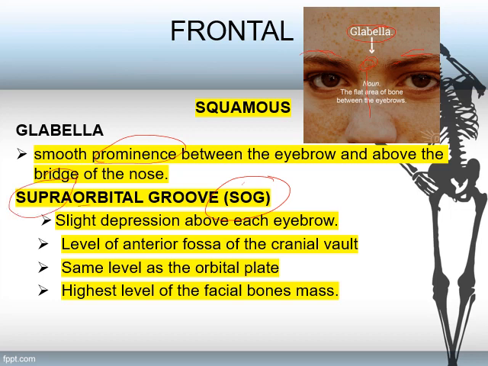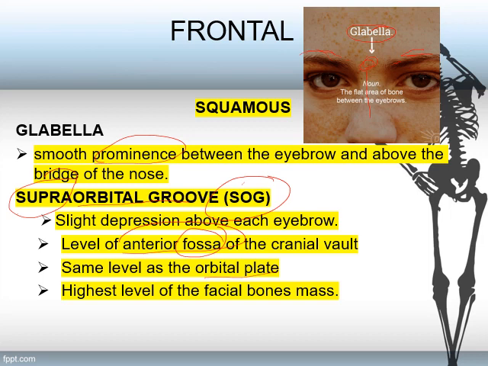So, above the orbital groove. It is at the level of the anterior fossa. Pag sinabi naman nating fossa, para rin siyang cavity. So, hollow area siya of the cranial vault. It is also the same level as the orbital plate, which you will see later sa picture.